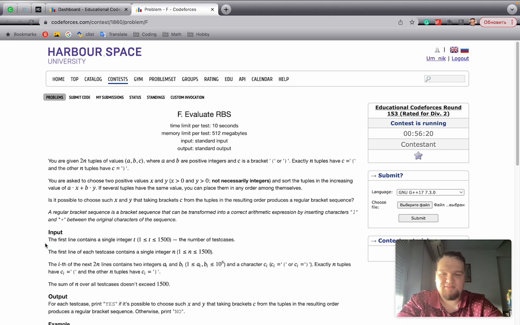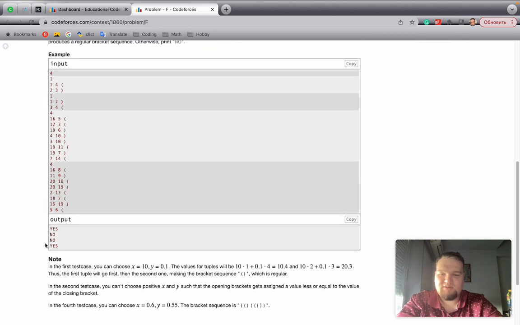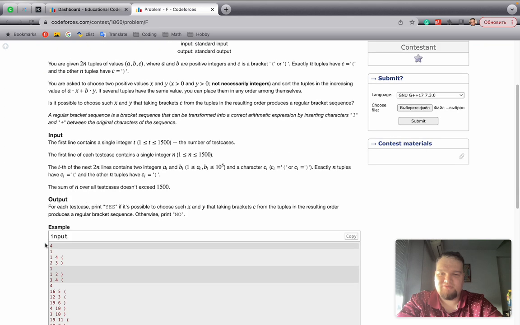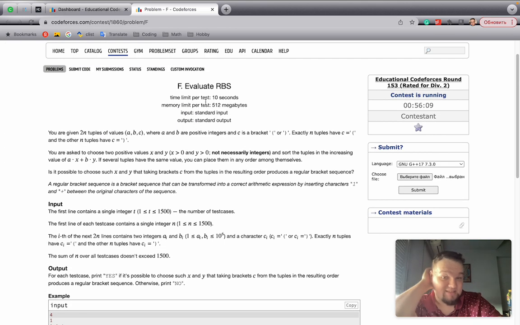Okay, and the last problem. Well, it's just yes or no. 10 seconds. Given two n tuples of values a, b, c, a and b are positive integers, and c is a bracket.